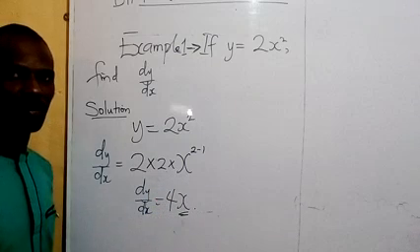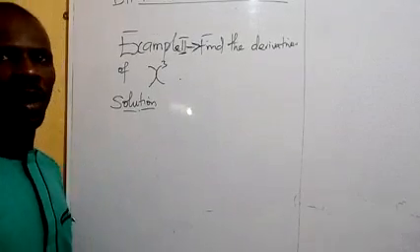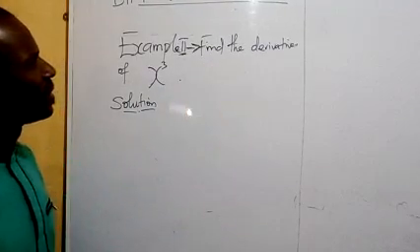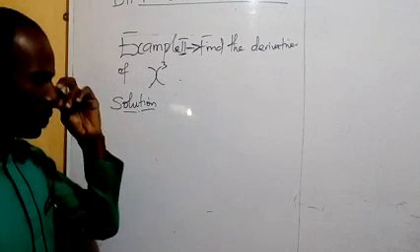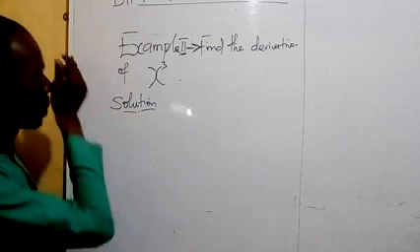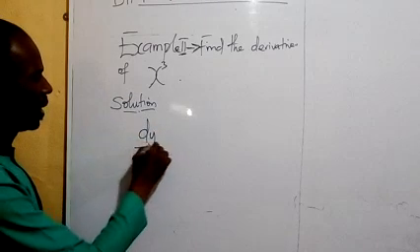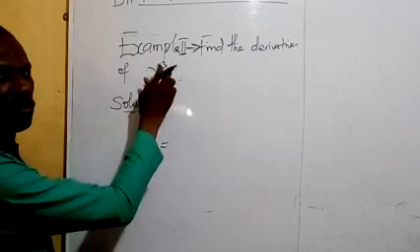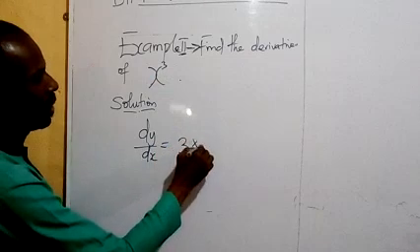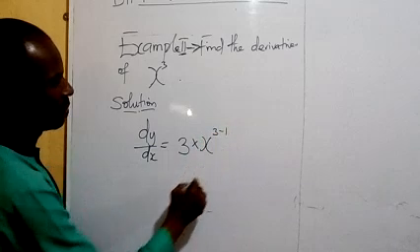Now let's look at another example. You can see that mathematics is very simple. Let's look at the second example. Find the derivative of x cubed. The derivative of x cubed should be 3 multiplied by x raised to power 3 minus 1.